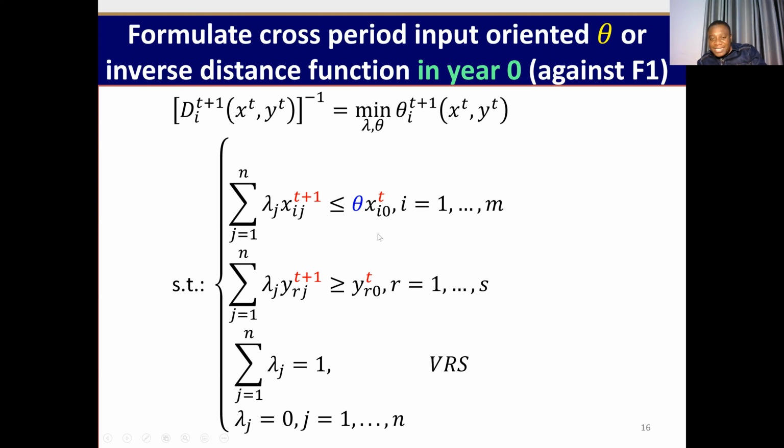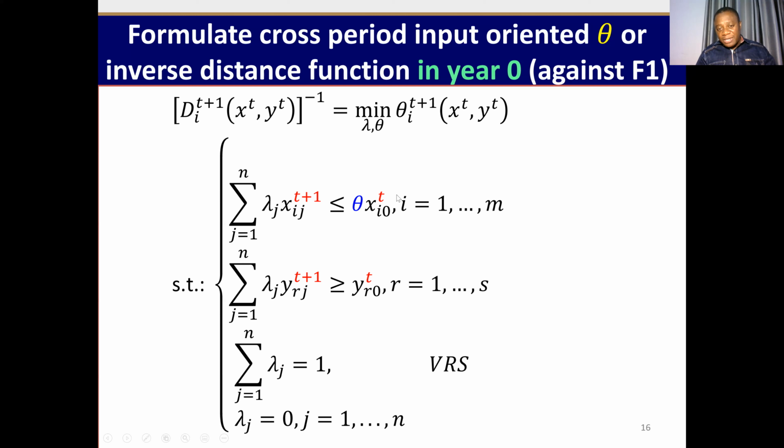So I told you that the right-hand side always shows the firm. You can see that the x_i^0, which is the DMU at the valuation, and the y_r^0, which is also the DMU and the input output, the two of them are depicting the input output correspondences, the one that you are targeting to estimate.